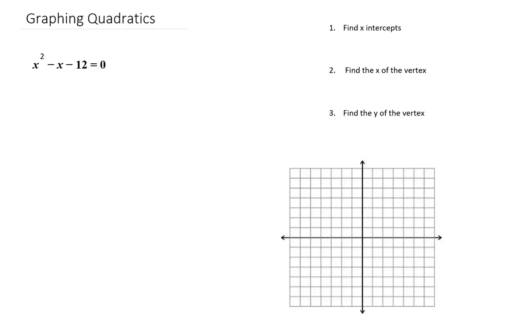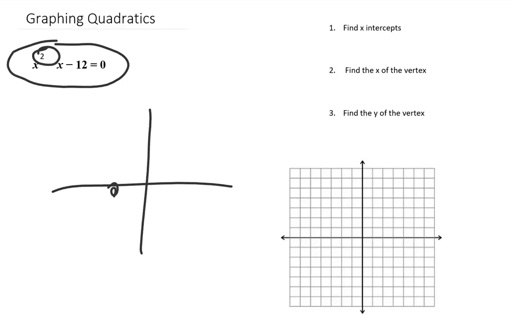Now if we look at our example here, there's a couple of things that we can see and a couple of things we should know before we even get into graphing it. Since it's a quadratic, I've got two different x-intercepts on my graph. The value of those I don't know yet, and I know that this a value is a positive 1.